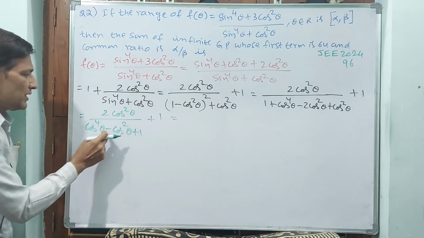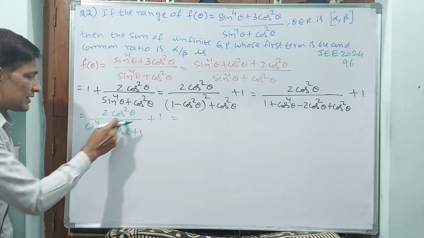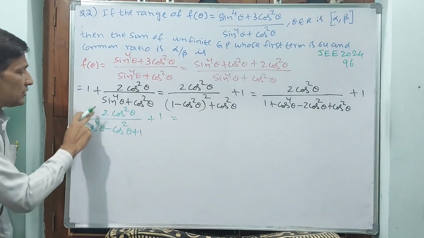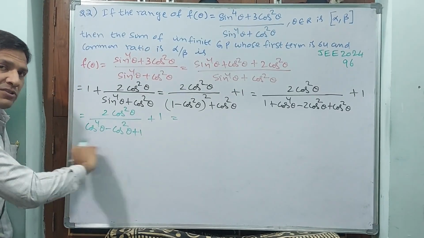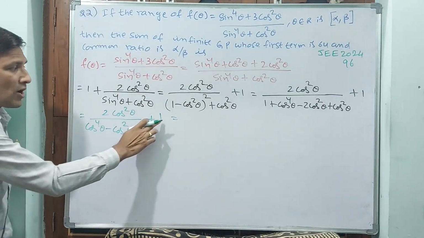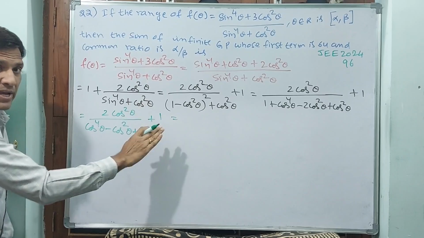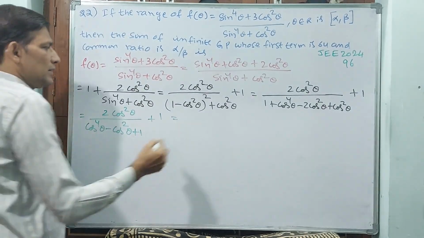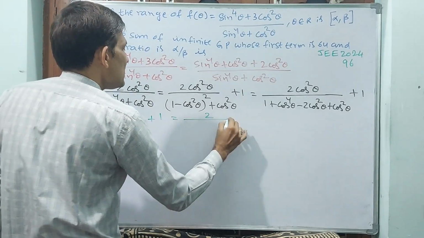That means the numerator and denominator I am dividing by cos²θ. So the numerator is going to be 2 only.